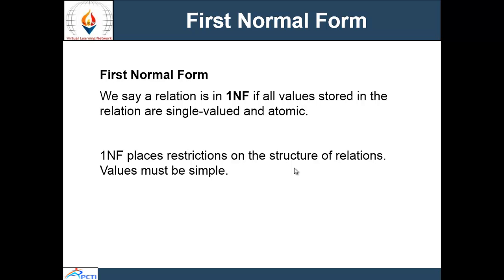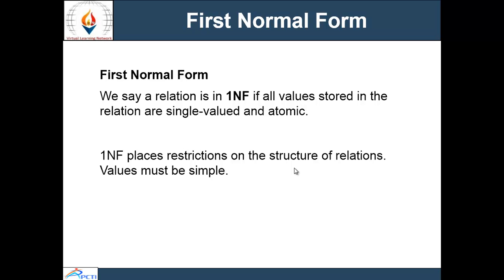Updation anomaly means, for example, there is a table of student which contains student ID, student name, student address, and subjects opted.